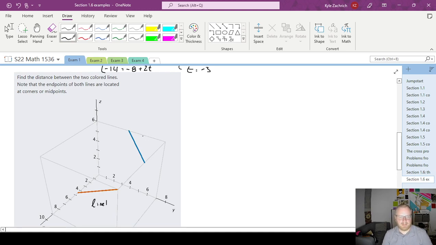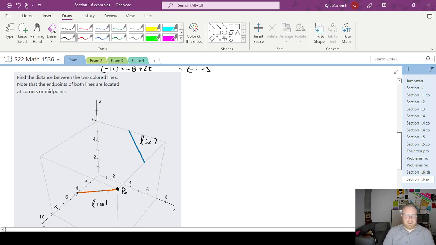Call it line 1 and line 2. I think this is the easier point to figure out. We're going to have to figure out both of them, but I'm going to use this as my P naught for this line, and then my direction vector is just going to be that. All right, starting from P naught.